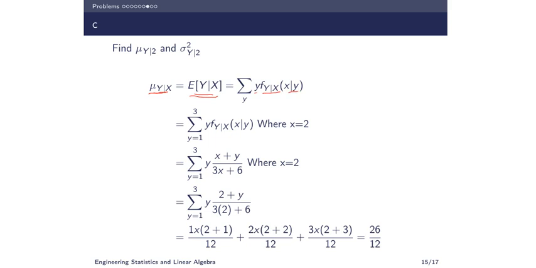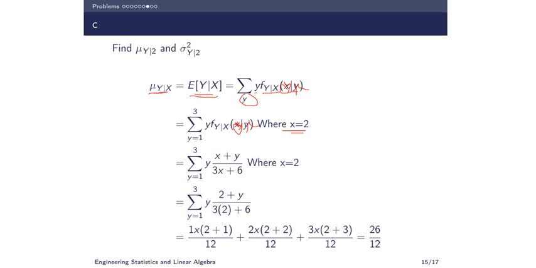We have to substitute x equal to 2, and the summation is over all the y's, so y takes the values 1, 2 and 3.